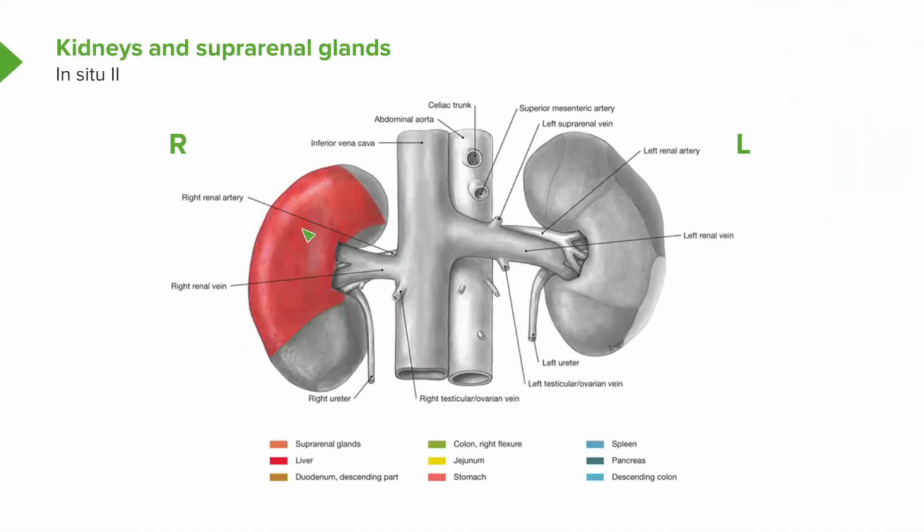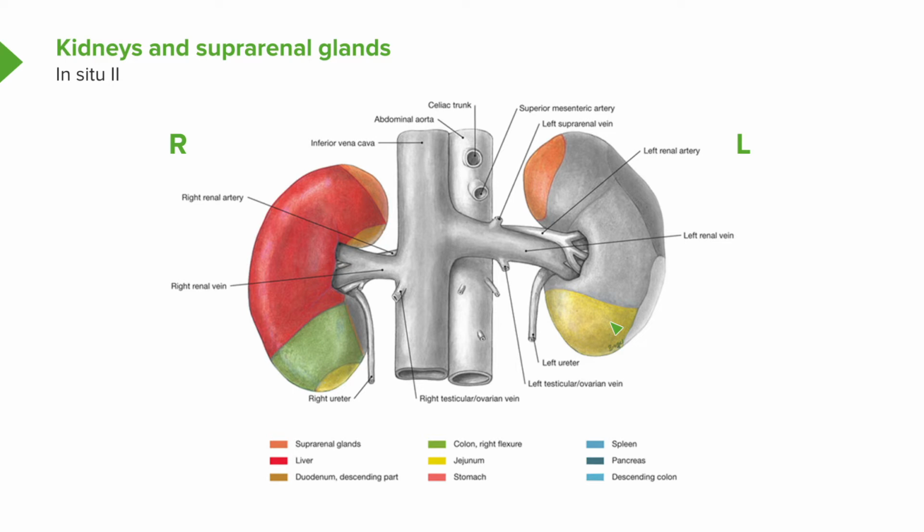We can see at the supramedial aspect of each of the kidneys, we have the suprarenal glands. So we've looked at the suprarenal glands and we've looked at the liver. Here we can see the hepatic flexure, or the right flexure of the colon, is sitting against the kidney. We can see it here. And we can see it has relations with the jejunum that are sitting alongside this more inferior pole of the kidney. We can see that towards this hilum, we have the duodenum, sitting against the kidney in this aspect near the renal hilum.